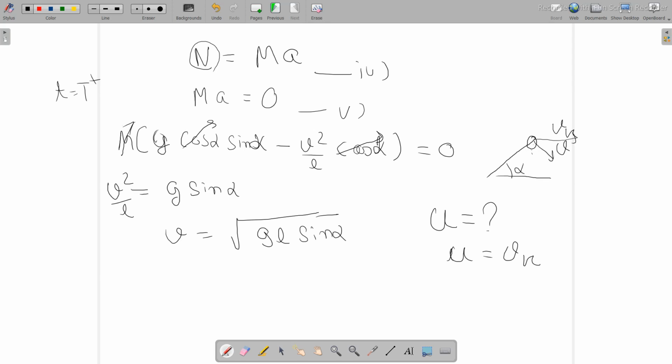This angle will be pi by 2 minus alpha, therefore the value of u is equal to v_x is equal to under root g l sin alpha into sine alpha.